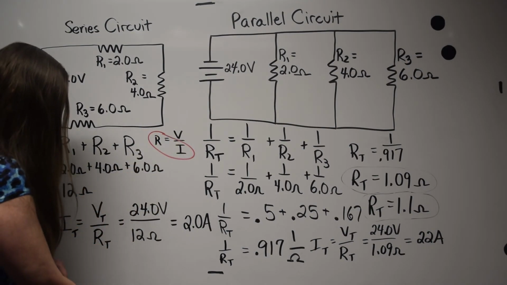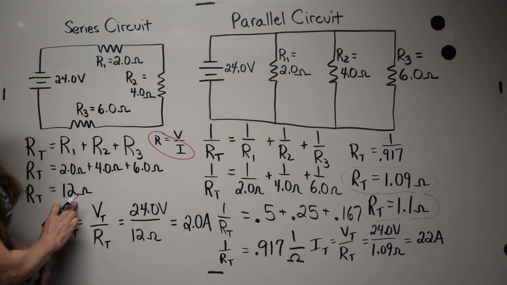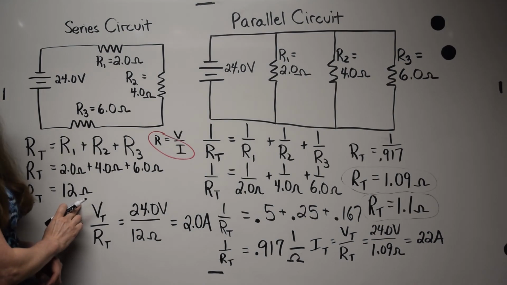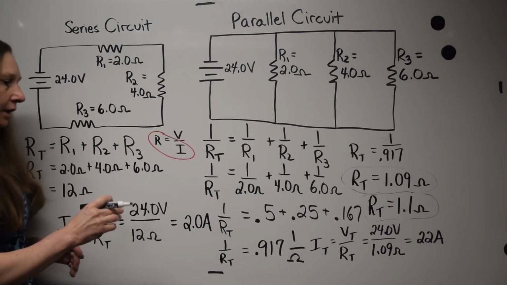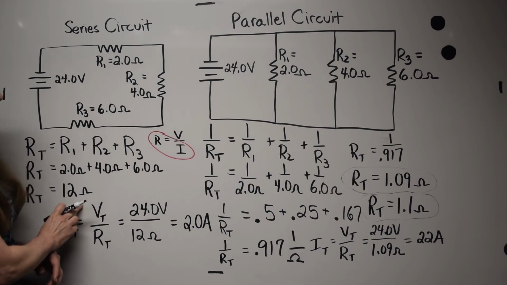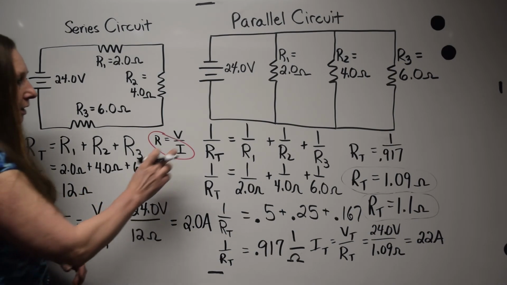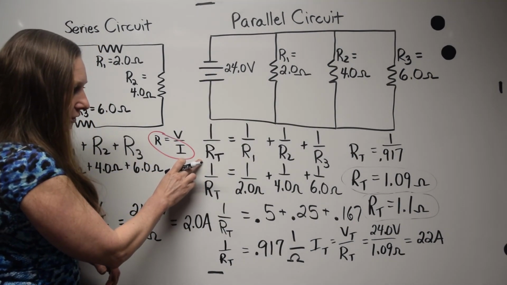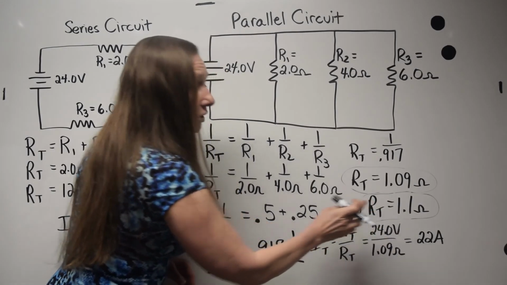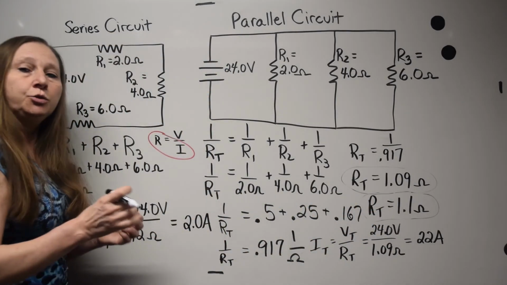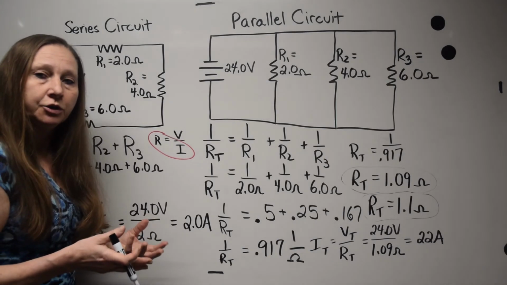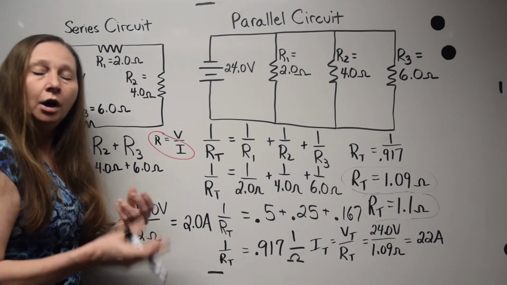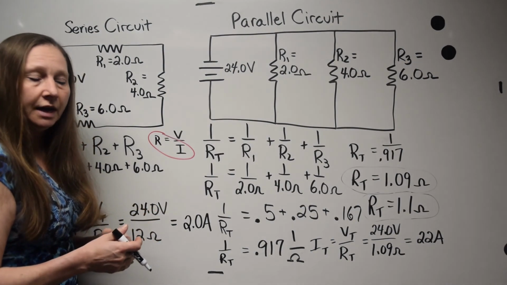When you calculate the total resistance for the series circuit, you get 12 ohms. Because the total resistance is calculated differently for a parallel circuit, you're only getting a total resistance of 1.1 ohms. This is one of the reasons why you set up a parallel circuit, to get a smaller total resistance so the circuit draws more current, so that you can power more devices.